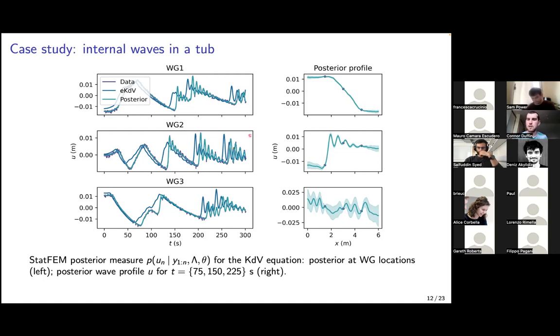And perhaps one of the more satisfying things about these results was that we were able to reconstruct the wave profile inside of the tank, given 3 relatively sparse measurements inside the domain.